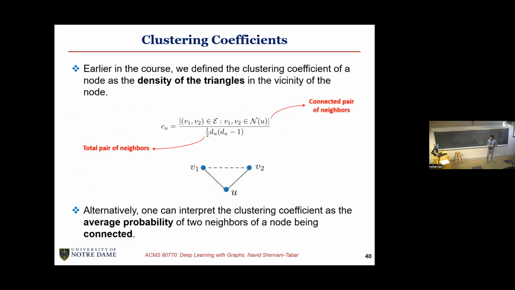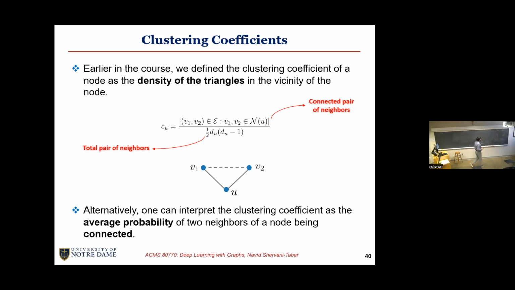So the last thing that we want to look at is the clustering coefficient, which we looked at at the start of this semester, as a measure of understanding how well connected the neighborhood of a node is.